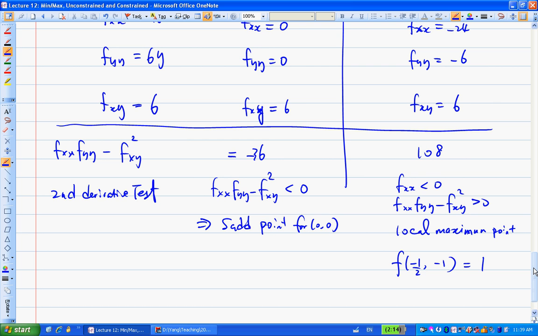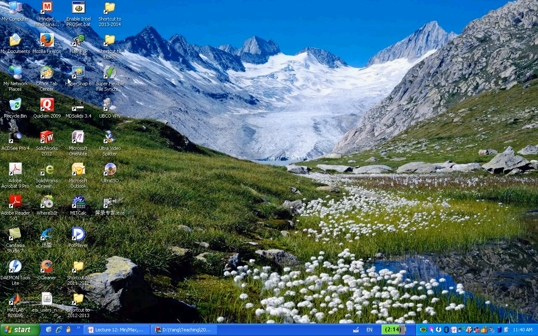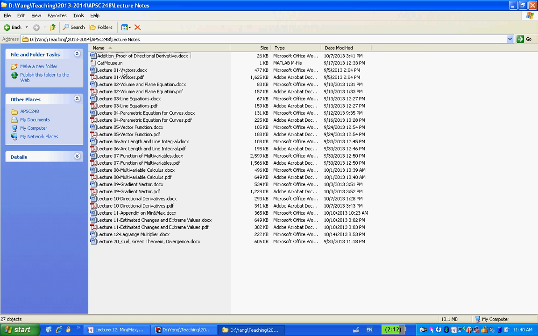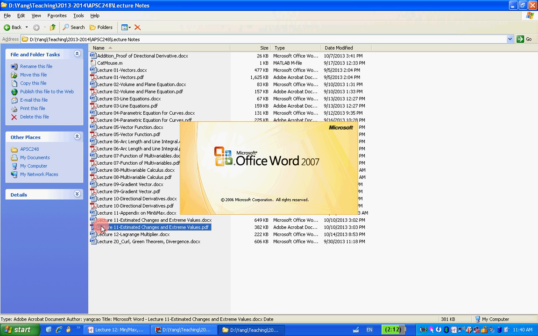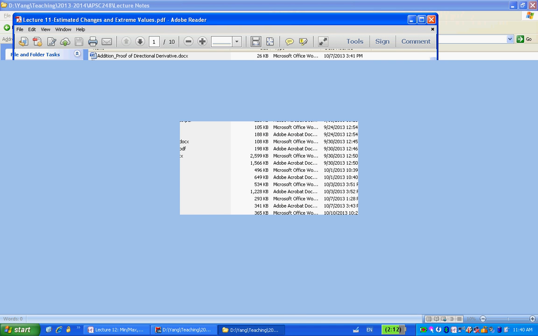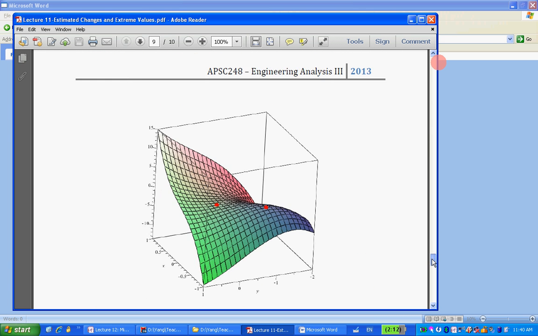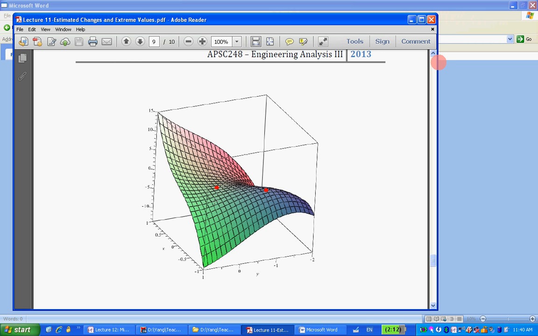Yeah, and I can see what it looks like. Here, this is what the surface looks like.